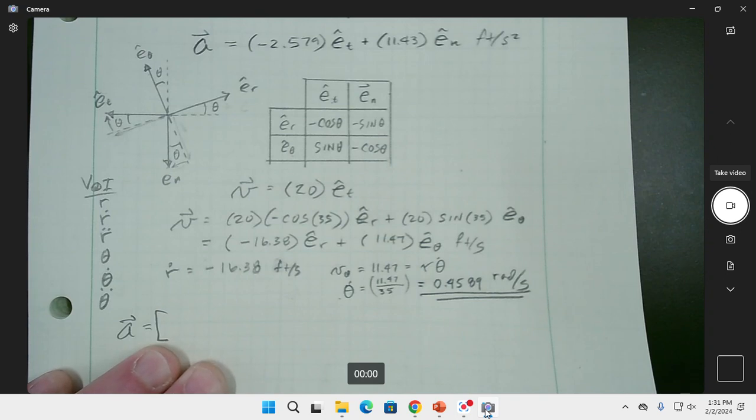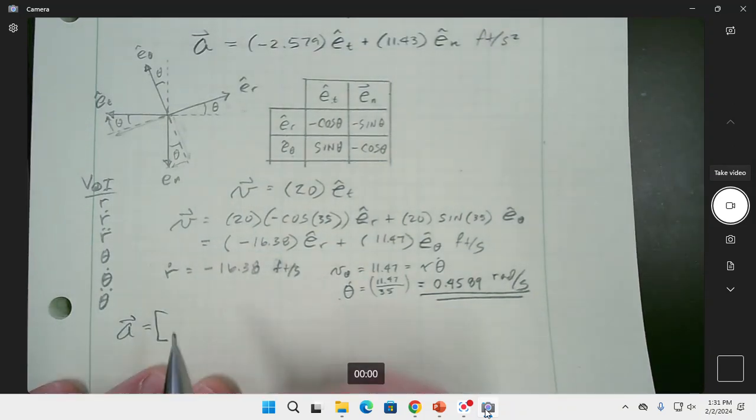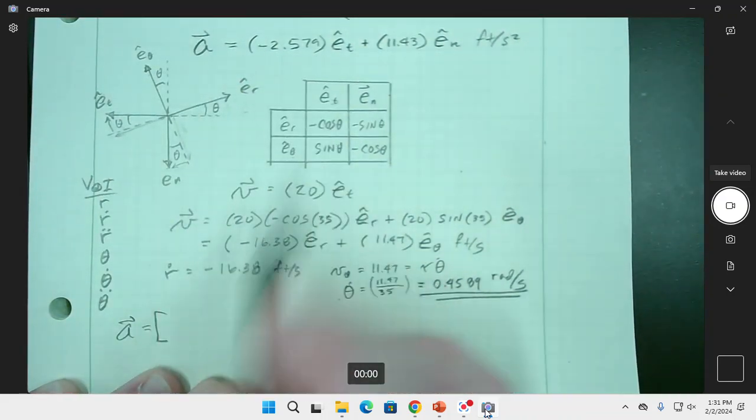Sometimes, but if you want to be more systematic, you'll do this in-between step and then go to the next step. But here I'm going to collect all of the like terms, the E_Rs together and the E_thetas together. So I start out with my E_T, and I go to this.